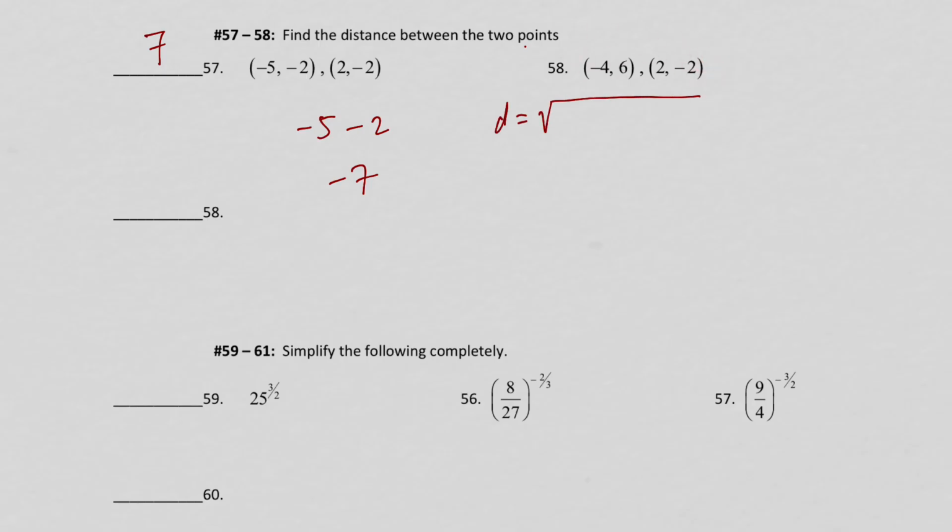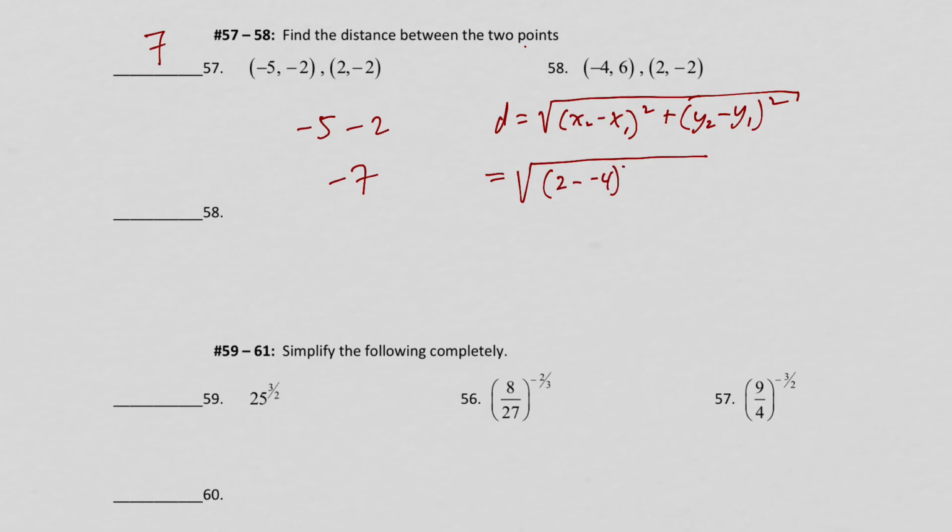The square root of x2 minus x1 squared plus y2 minus y1 squared. So this is equal to the square root of x2, which is the x value of the second point, minus x1. So 2 minus a negative 4 squared plus y2 minus y1. This is y2, that's y1.